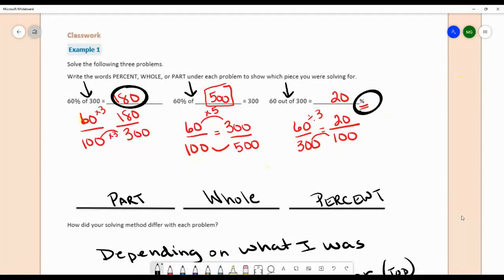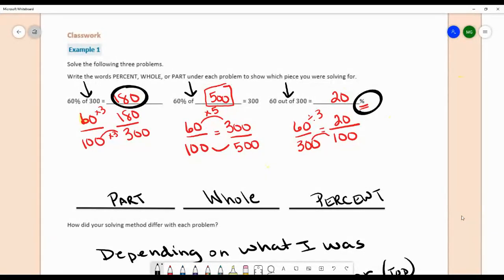Okay, we're looking for the part of the 300. Therefore, the 300 was the whole. In the second one, it said 60% of 500 is 300. So 300 is the part and 500 is the whole because it was of 500. In the third one, we had 60 out of 300. So we knew 60 was the part and 300 again was the whole. So it gives us that clue of where to find things.